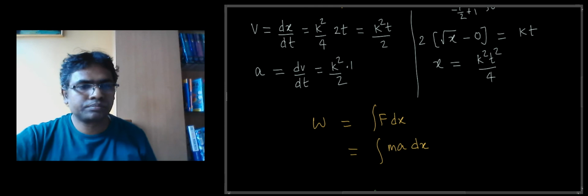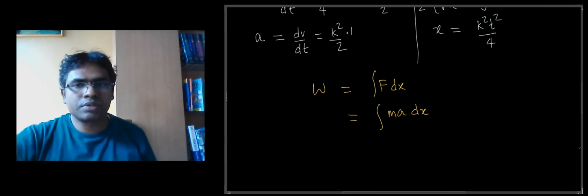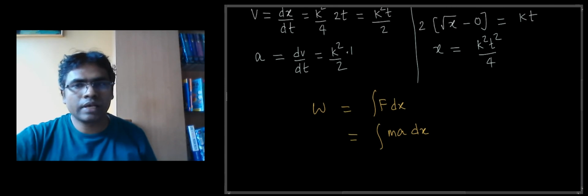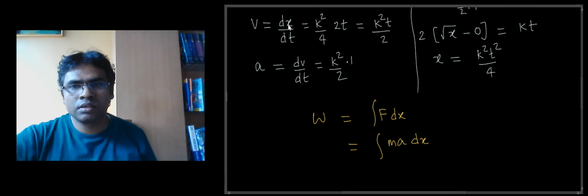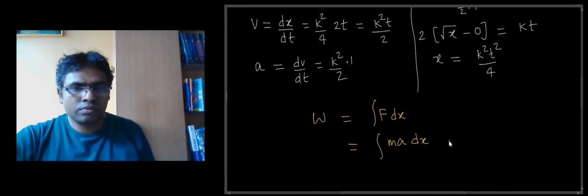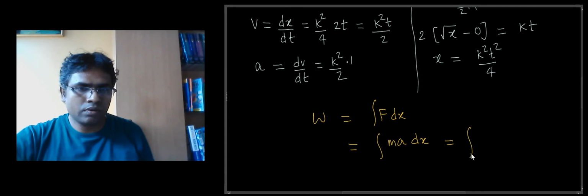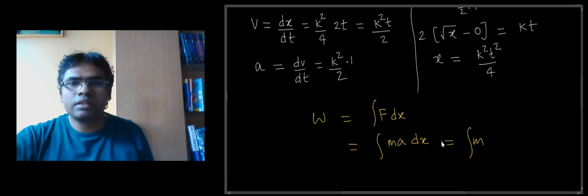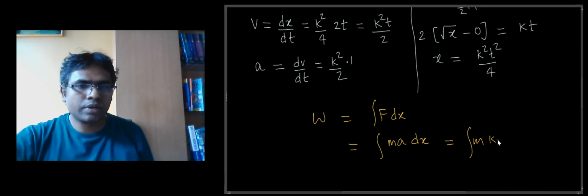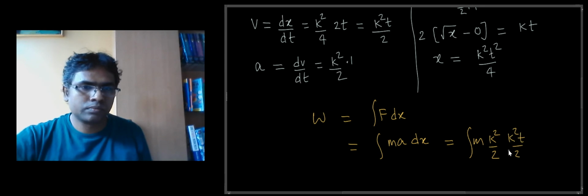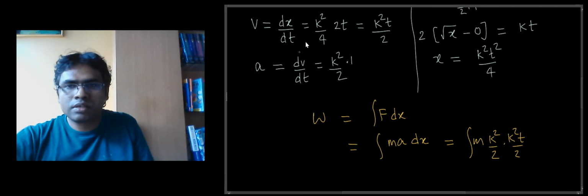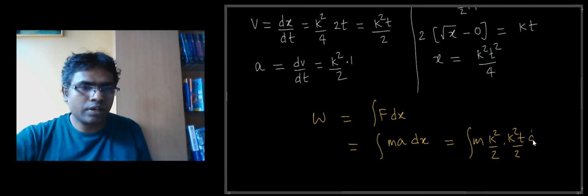If I substitute the value of the acceleration and the differential in x, we get the integral of mass, and the acceleration is k square by 2. dx we can write as k square t by 2, and then the differential in time, dt.